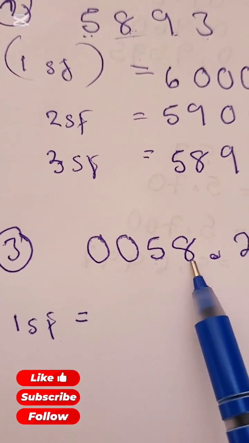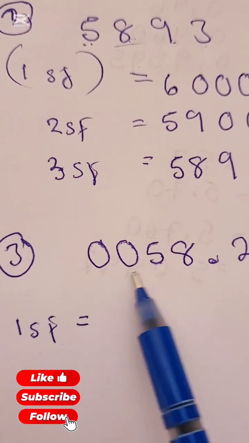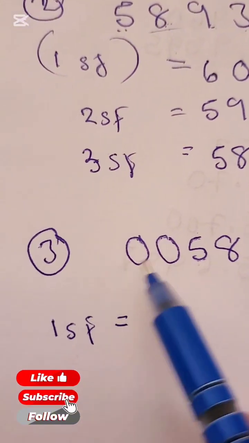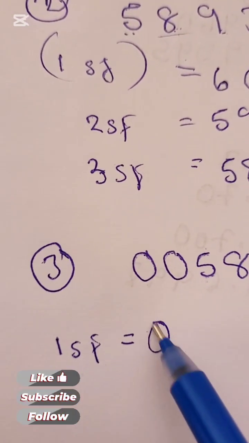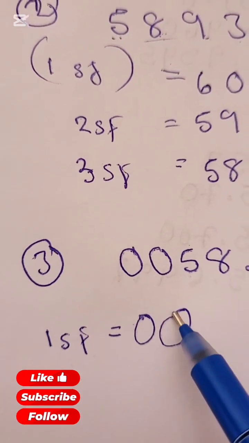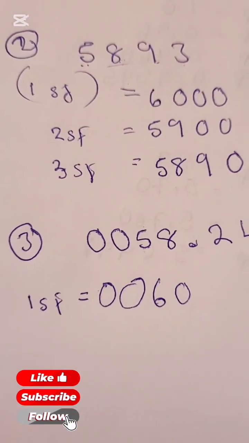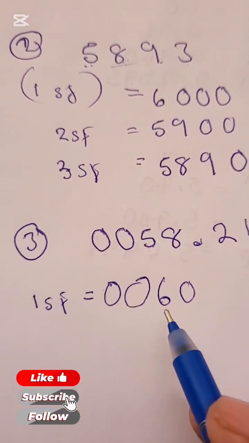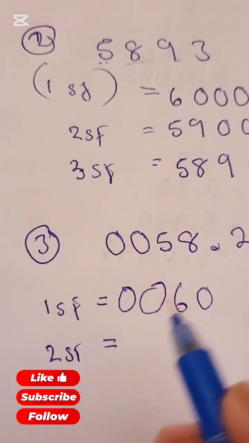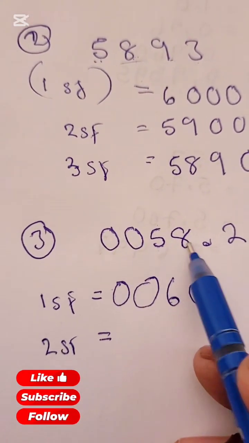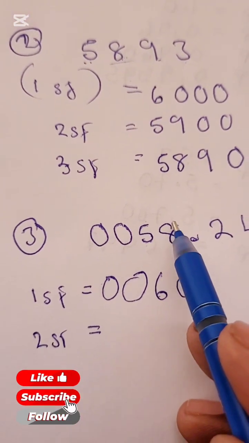Then you look at 8. It's 5 and above, so we add 1 here. So it will be 0060. Don't ignore these zeros when writing the answer. So you write 0, 0, then 6, 0. Are we together? That's one significant figure. Two significant figures: count 1, 2, then you look at 2. 2 is below 5, so we cannot add anything here.